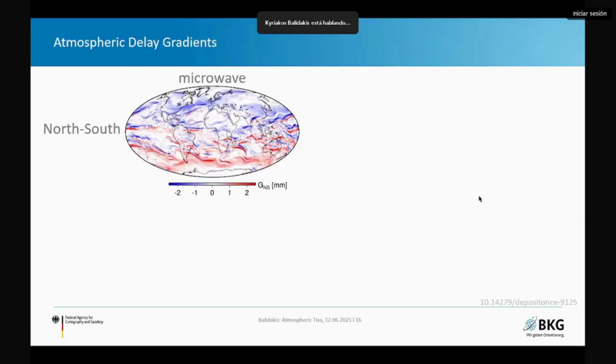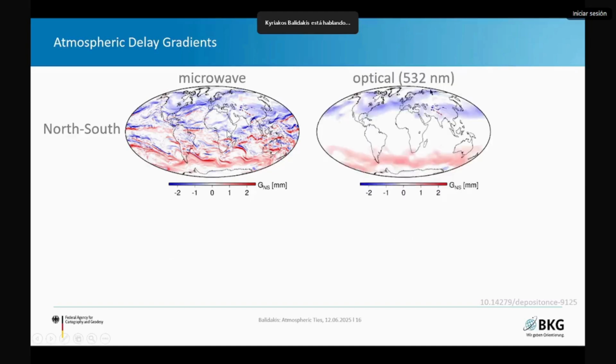Later on, we will talk about differences between GNSS and SLR, and it starts again from the modeling viewpoint. We have the north-south gradient. For microwaves, it looks like that, and for optical, so for lasers, for SLR, at a certain epoch, it looks like that. What we can see is that in the southern hemisphere, the north-south gradient is mostly positive, and in the northern hemisphere, it's mostly negative.